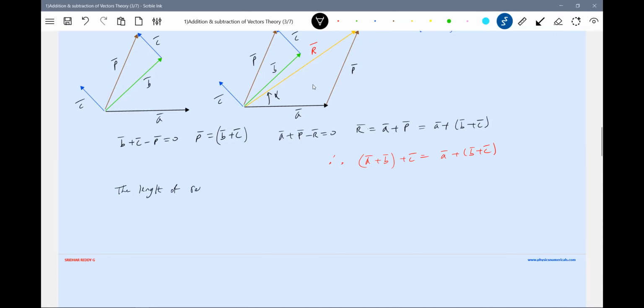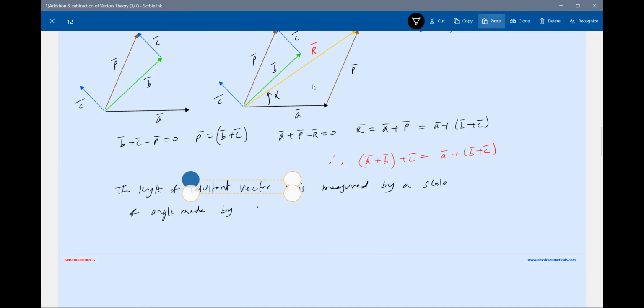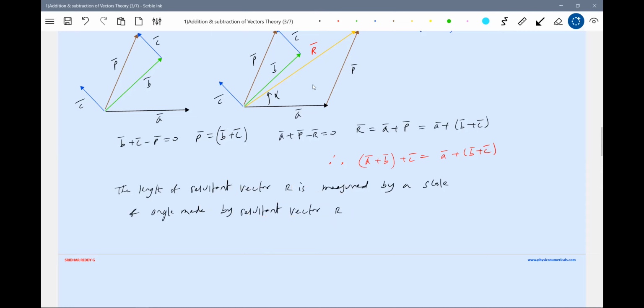The length of resultant vector R is measured by scale, ruler scale, and the angle made by resultant vector R with the horizontal is measured by protractor.